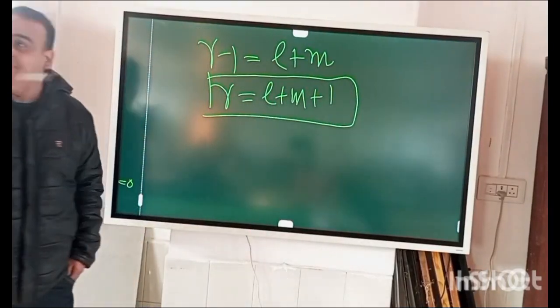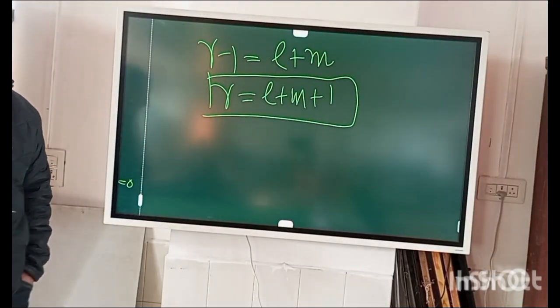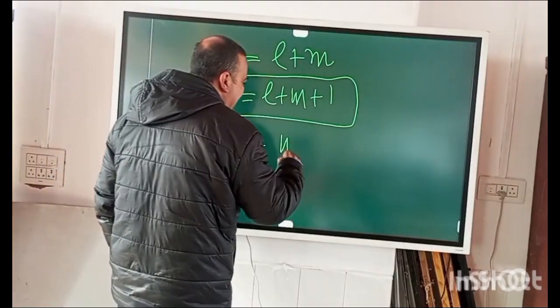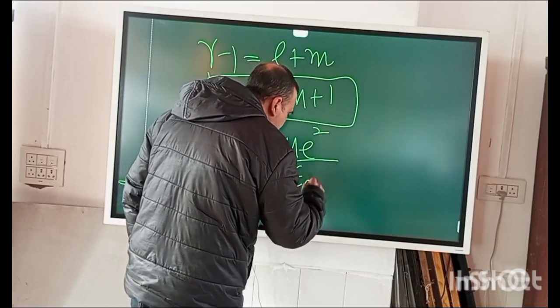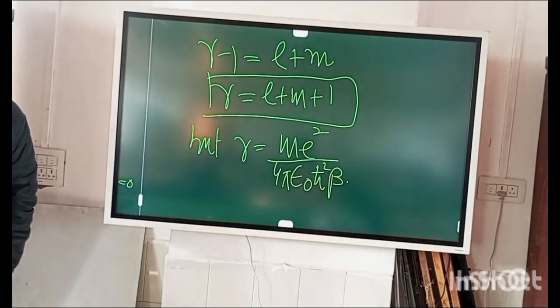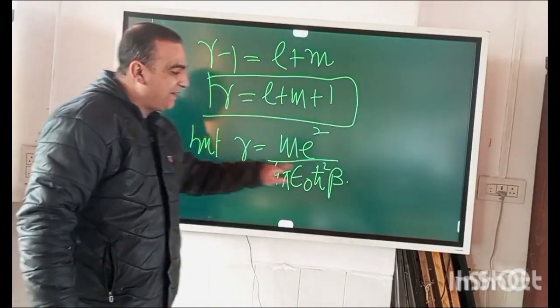But what was gamma? Gamma was m e squared by 4 pi epsilon naught h bar squared beta. This was gamma. Now can I do something like this? I will bring beta here and bring gamma down.